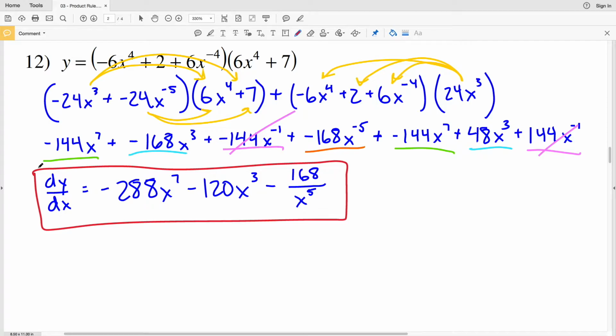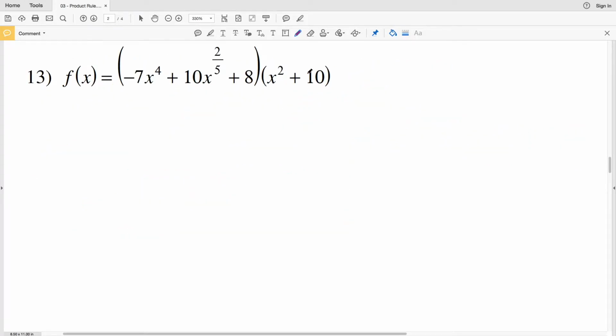Let's continue on to number 13. Now in number 13, I'm going to take the derivative of the first function, multiply it by the second, then take the derivative of the second and multiply it by the first. So that first derivative, negative 7x to the fourth, will be negative 7 times 4, so that's negative 28x to the 4 minus 1, which is x to the third.